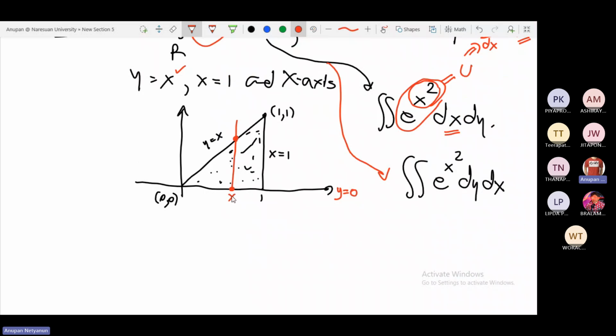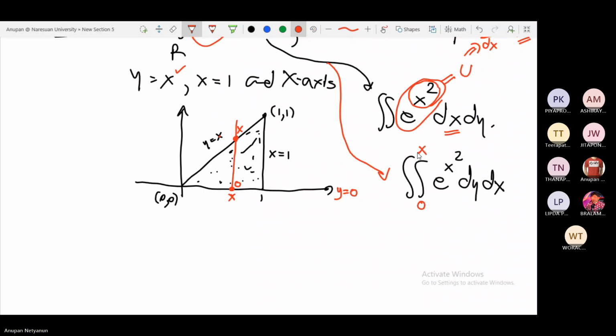At this x, you plug x in here, so you get y equal to x. So the running numbers for y start from y equal to 0, up to y equal to x.